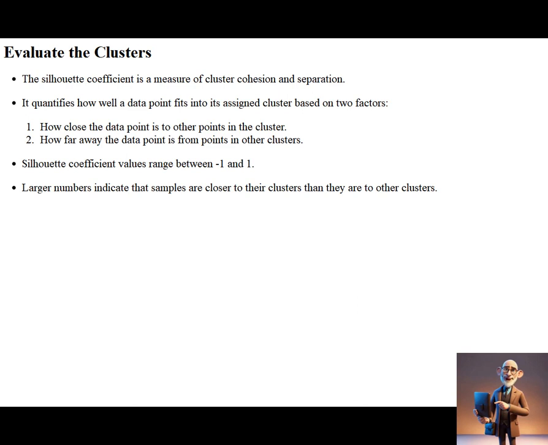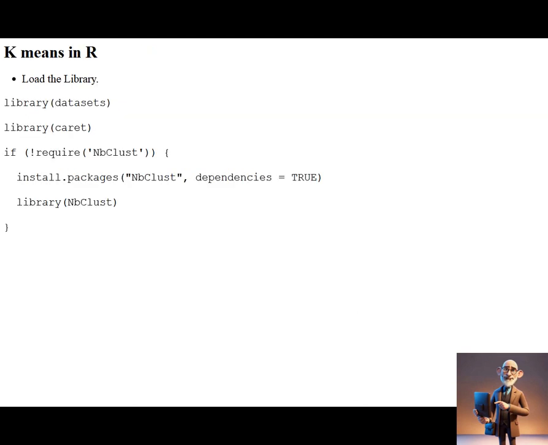It goes beyond the mere number of clusters and provides a nuanced understanding of the quality of each cluster. As we navigate through the world of clustering, let's keep the silhouette coefficient in mind as a guiding metric for cluster assessment. Now, let's explore how to implement KMeans clustering in the R programming language, a powerful environment for data analysis and statistics.